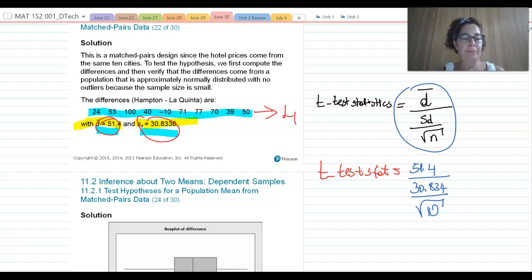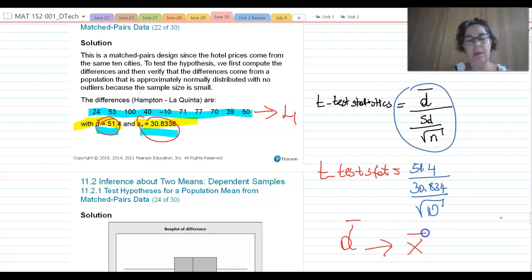Whatever you're testing, I'm using the statistics, these values here, 51.4 and 30.8336. So mu sub 0 will be 0. This is what we're testing for. X bar, D bar serves for X bar, and it is 51.4.